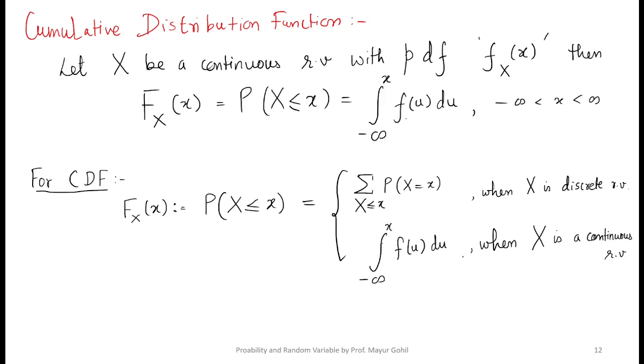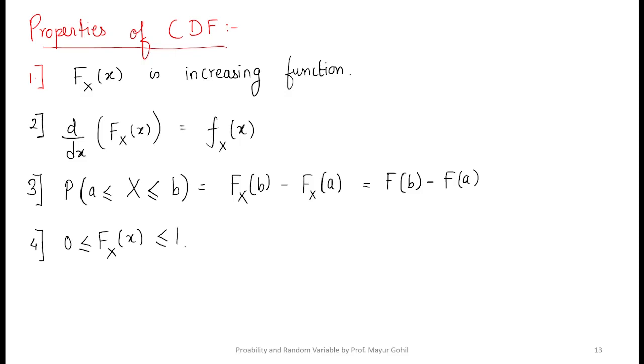There is only one main definition, and it splits up into two formulas as per the type of the random variable. In each case, whichever definition you take, the properties of CDF remain the same. These are the four important properties. I am not going into the geometrical aspect right now. We will see it along with an example in the next video lecture.